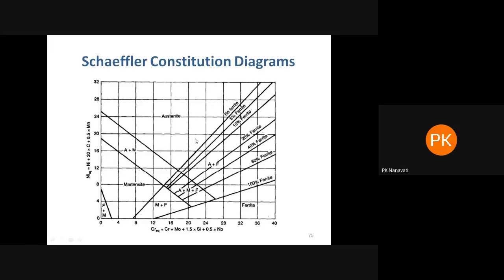You have to calculate the composition of the steel, because in your steel there will be nickel, carbon, manganese. When you calculate it, you get a nickel equivalent using this formula, and you have to calculate the chromium equivalent using the composition of chromium, molybdenum, silicon, and niobium. Then you see where your composition is lying, right? When you get a nickel equivalent and chromium equivalent, you will be somewhere over here, austenite.